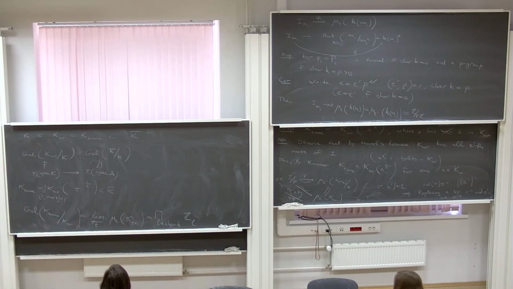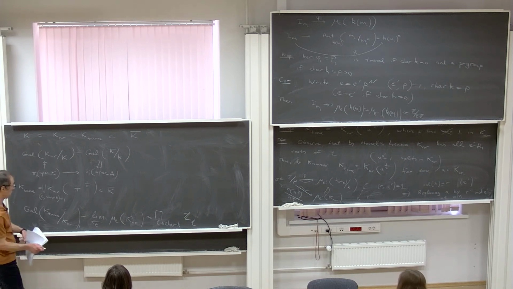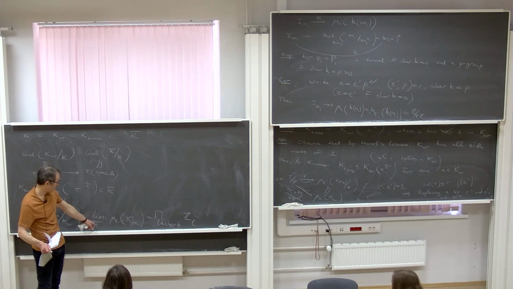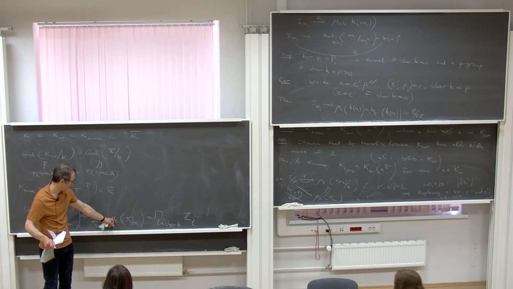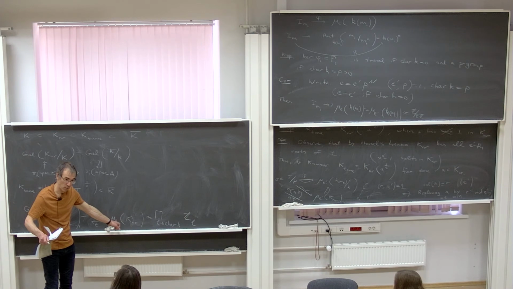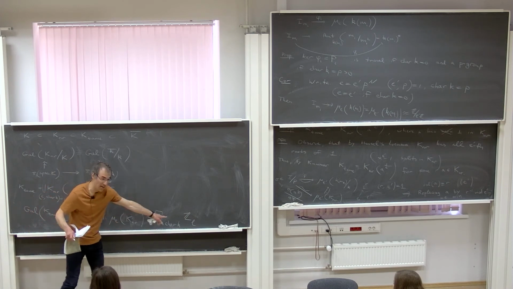Could it be Z_l star? No. So let's consider, first let's write mu_e as a product of all primary groups, right? So what if e is a power of l?